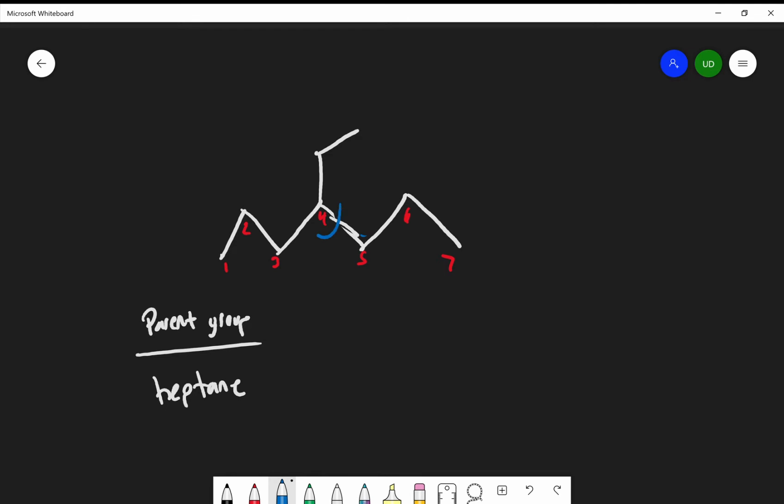It's on carbon 4, and there's 2 carbons present. 1, 2. So that'd be 4-ethyl. So now we can give it its proper name. It would be 4-ethylheptane.